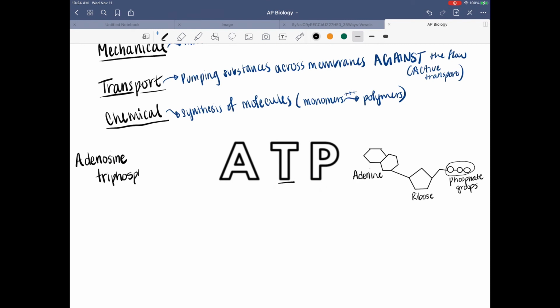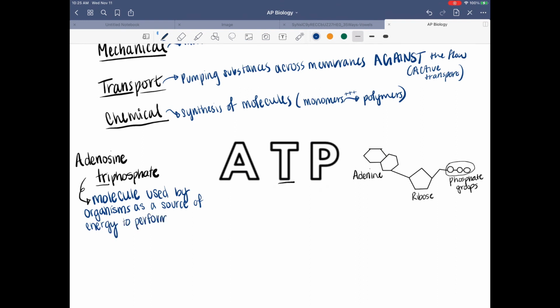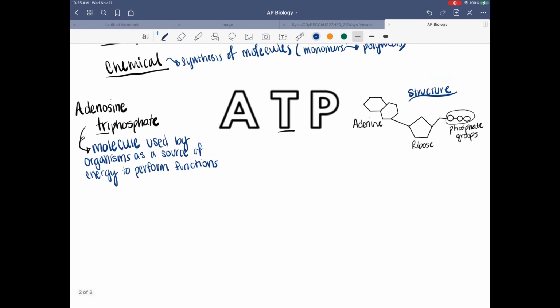Now, ATP molecules are what organisms use as a source of energy in order to perform work, so they can perform their functions. We looked at the structure for ATP, and you should also be familiar with this from when you learned about your biomolecules.